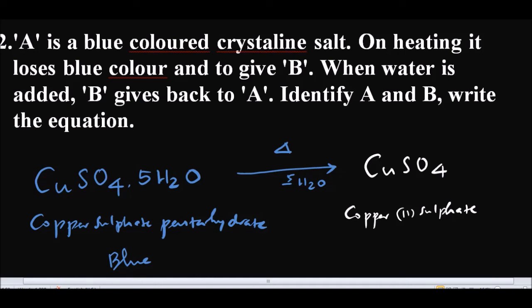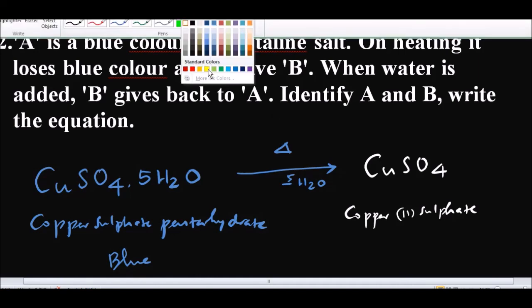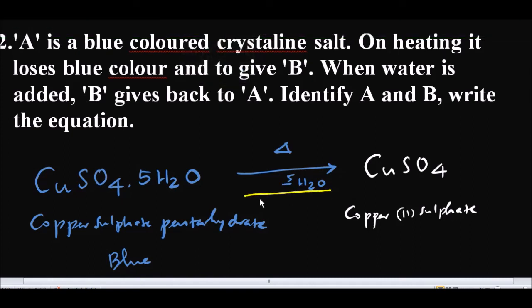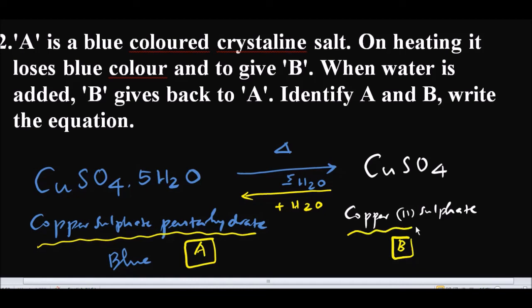When it is supplied with water again, on giving back water to that, it can be converted into copper sulfate 5H2O. So substance A is copper sulfate pentahydrate. B is a colorless white substance, copper(II) sulfate. We can call it an anhydrous salt without any water. So these are the questions which are given in the book back. Okay.